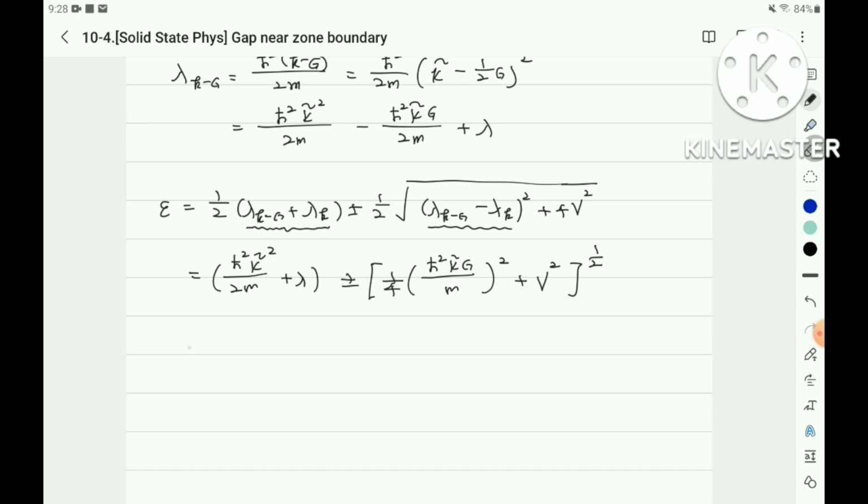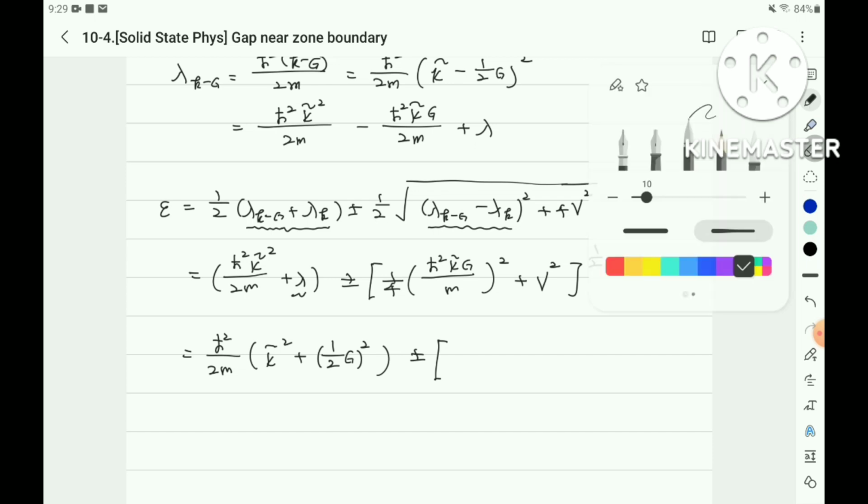Then, because this lambda has the h bar square over 2m as the same component, and k tilde square plus also one half g square, plus minus. Then let's calculate this term.